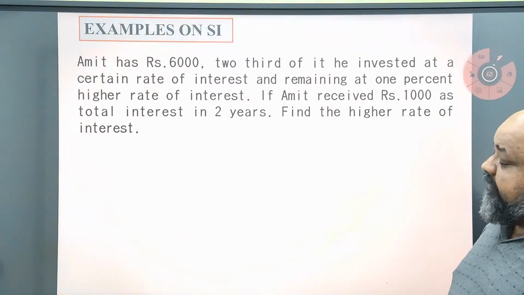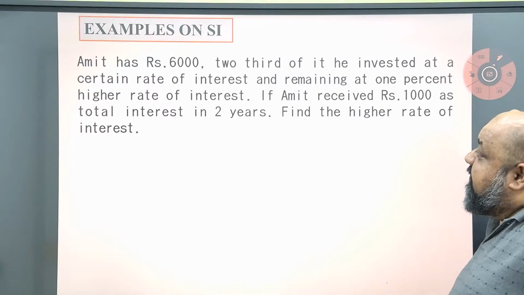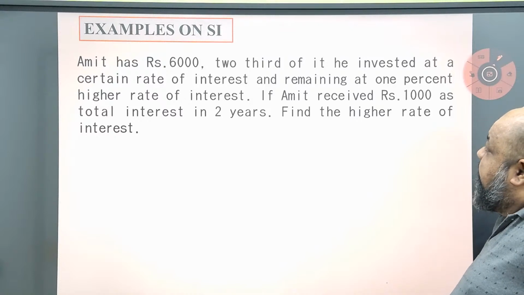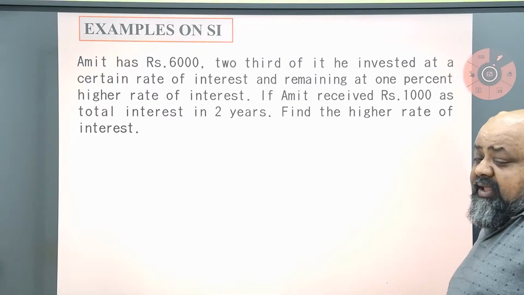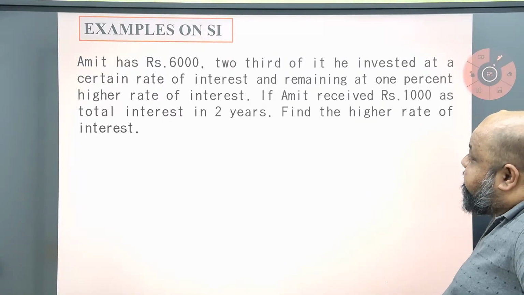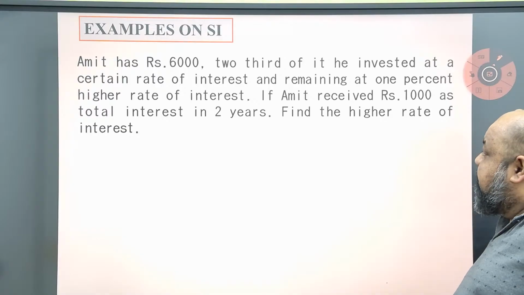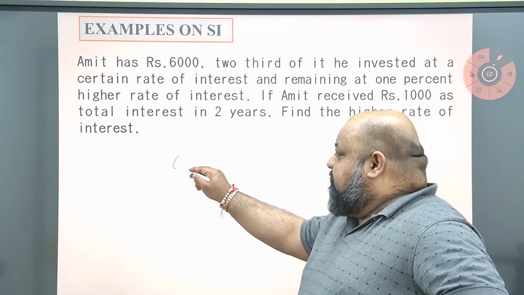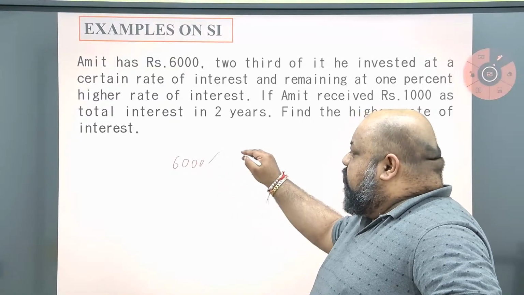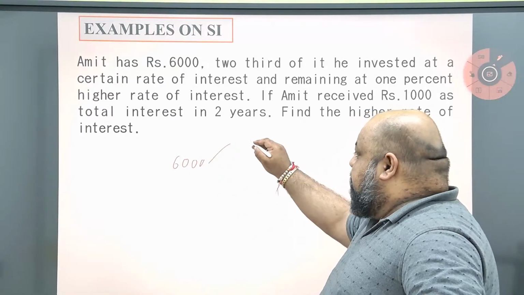One more question. It says Amit has 6,000 rupees. 2/3 of it he invested at a certain rate, remaining at 1% higher rate of interest. If Amit received 1,000 as total interest for 2 years, find the higher rate of interest. So 6,000 rupees, 2/3 means 4,000.